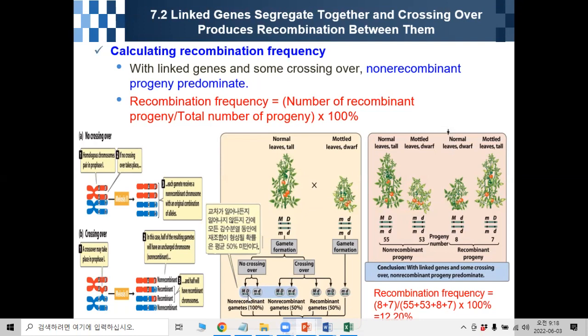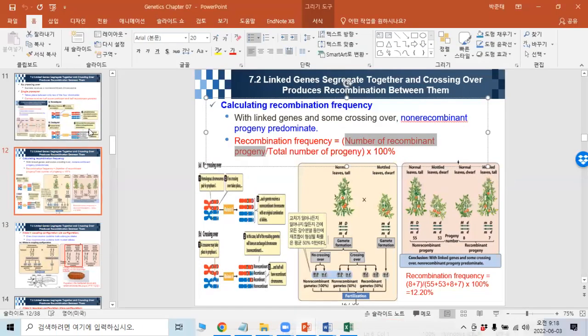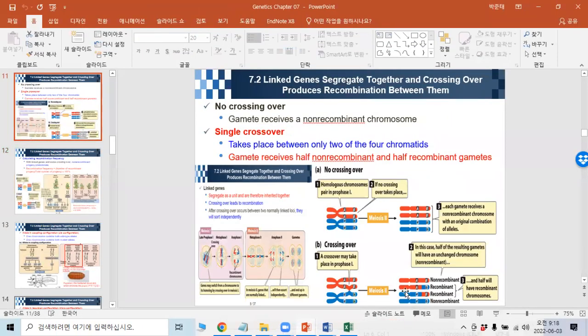But when crossing over happens, two cases will be non-recombinant and two cases will be recombinant.